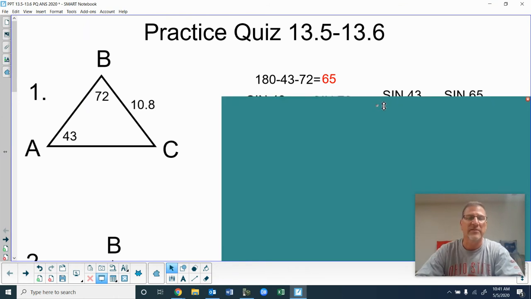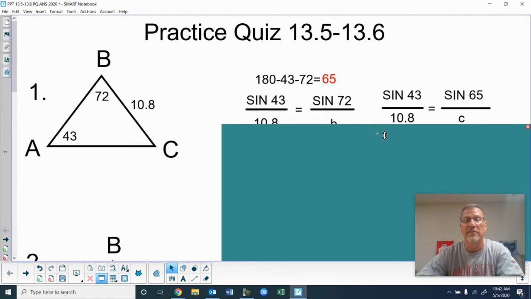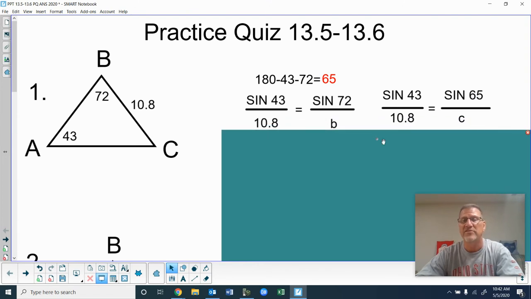And then I want to set up my law of sines to find side B and side C. So there's my 2 proportions. The sine of angle A, 43 degrees, over 10.8 equals the sine of 72 degrees over side B. And the sine of 43 over 10.8 equals the sine of 65 degrees, what we just found, over C.